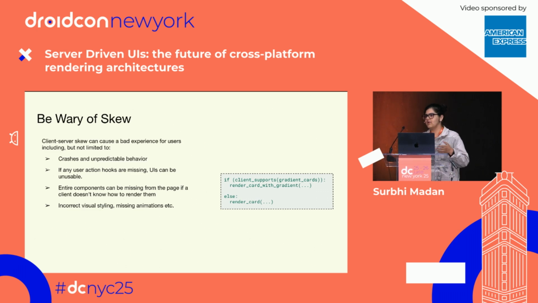You can have entire components missing from the page. Maybe the gradient card is just missing entirely, and that would be broken. And the most common thing that goes wrong is just inconsistent styling. So be wary of skew.